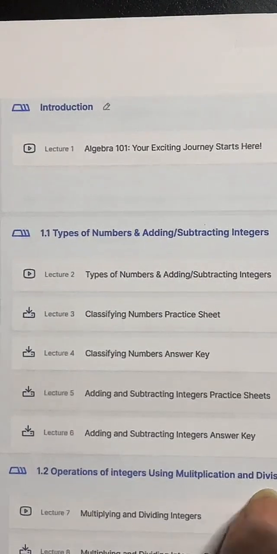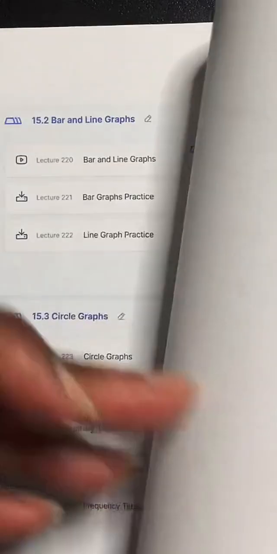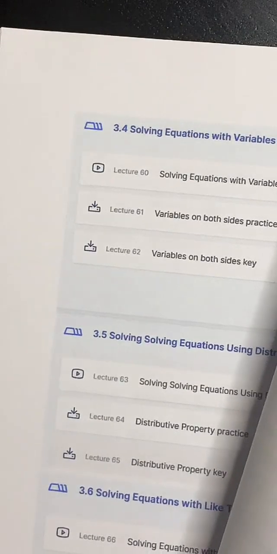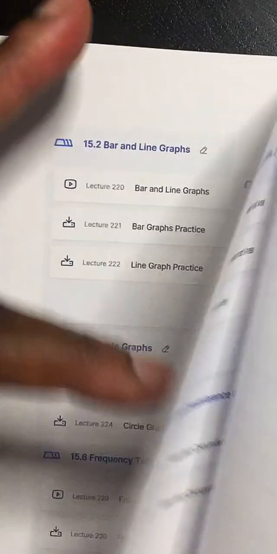All right, so basically, this is my whole course. Roughly there are 16 sections.